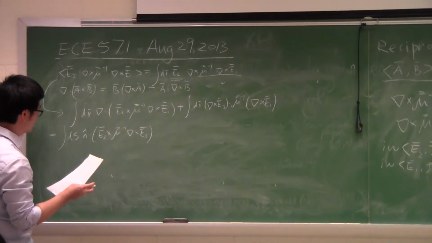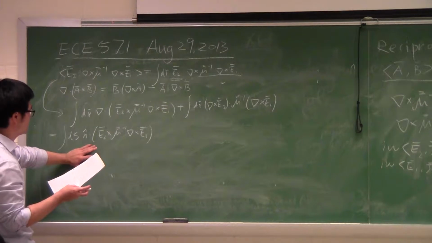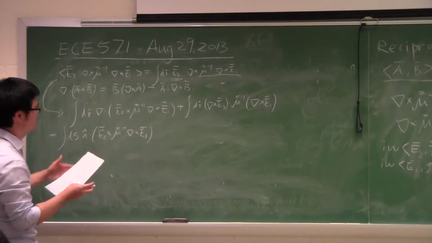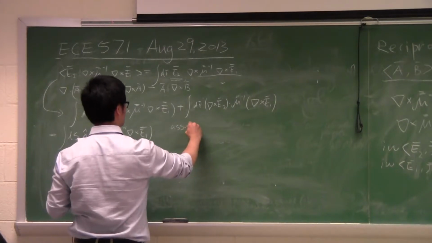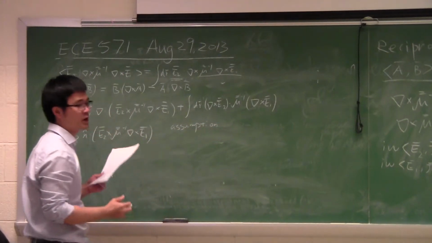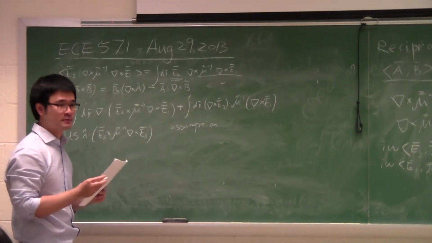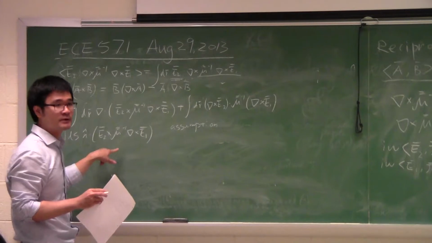But the trick here is how to get rid of this term. So here we need to make an assumption. The assumption is we are considering a very large volume, so that we can get rid of a few terms at the boundary.